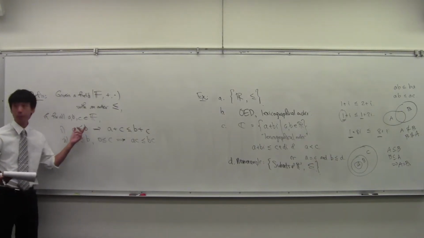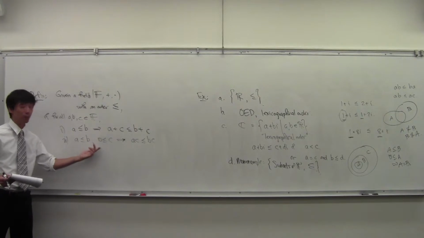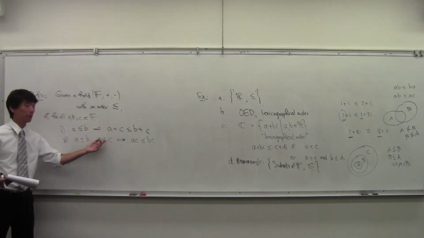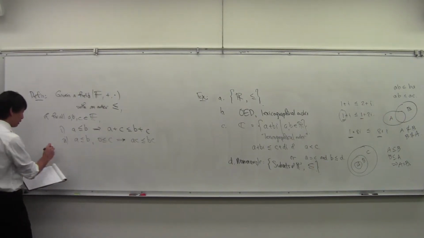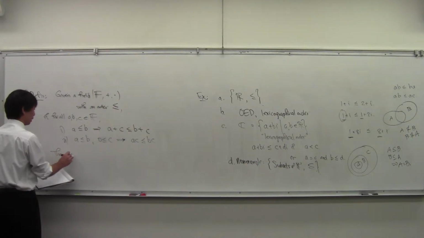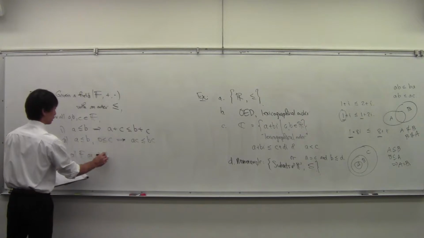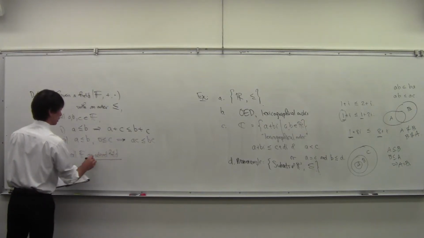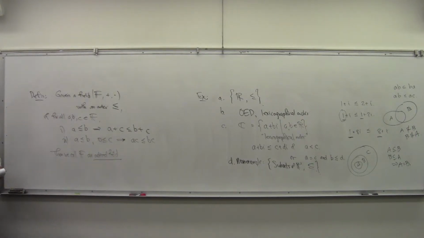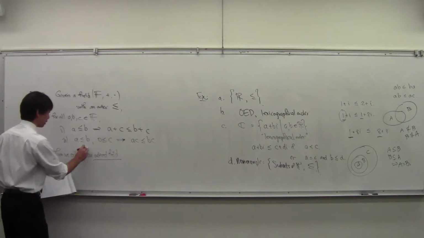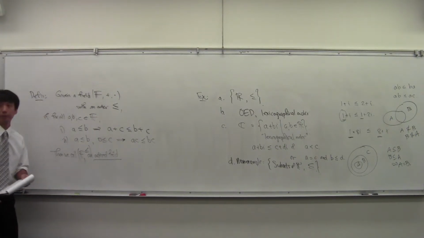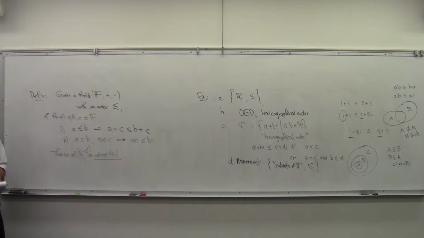So if the order is preserved by addition and multiplication by an element that's greater than 0, then we call F an ordered field. F with this order, an ordered field.